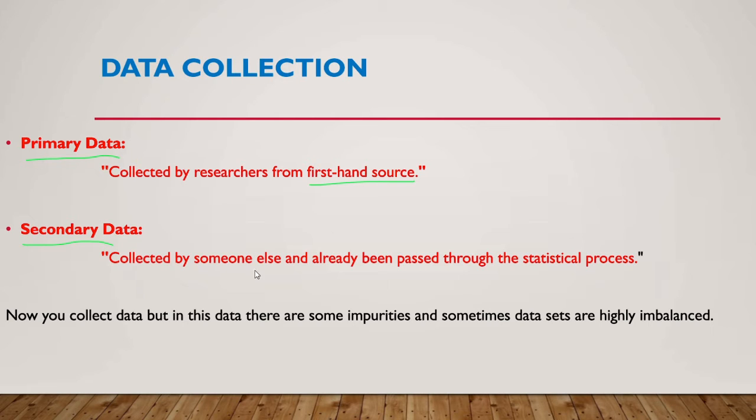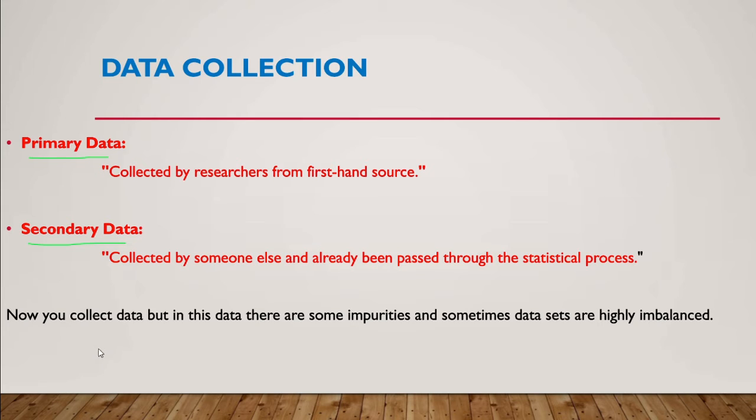So what is secondary data? Secondary data is the data which is collected by someone else, not the user, not the researchers who are doing the project. We are collecting the data from someone else, you can say a third party or second party. So it is not a first-hand source, it is a second-hand source. It is called secondary data, and this type of data has already been through the statistical process.